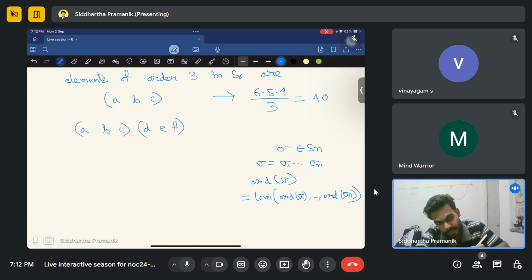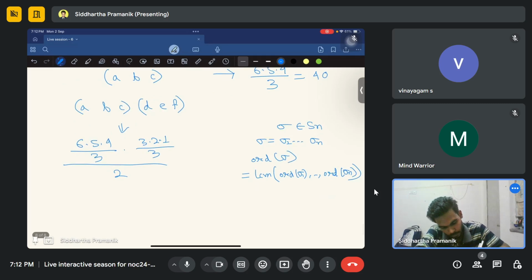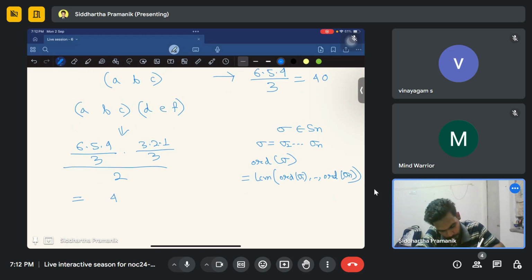So in this case the total number is 6 times 5 times 4 by 3, times 3 times 2 times 1 by 3, and the whole by 2. So this is also 40.